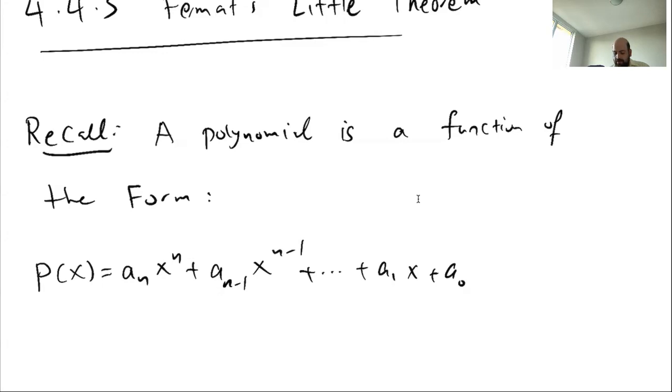And now I want to consider a polynomial, let's say P of X, whose coefficients are chosen from Z5. So a coefficient from Z5 means either 0 or 1 or 2 or 3 or 4. But please remember that the first coefficient, the leading coefficient, is not allowed to be 0, right?